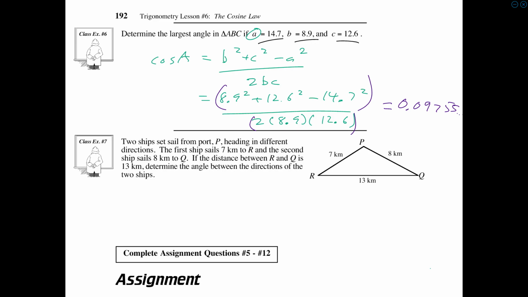So if that's what cos of A is, then A equals inverse cos. Cool.